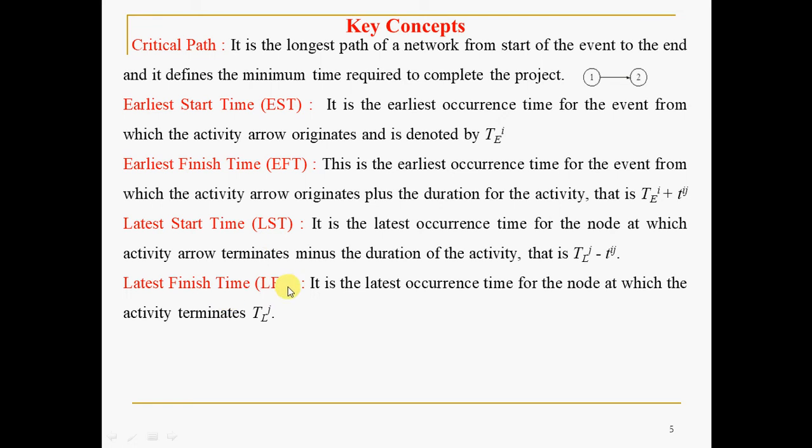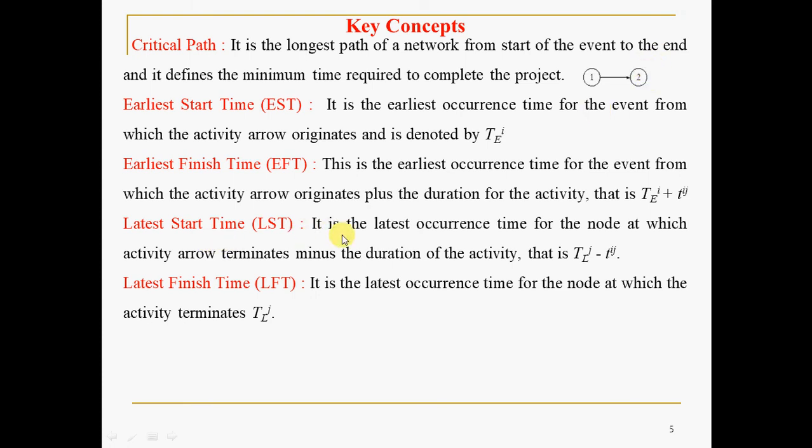Backward pass: you have to understand LFT first. So TL of j, where j means the jth node. In this case, j is 2 and i is 1. What is the time estimation here?